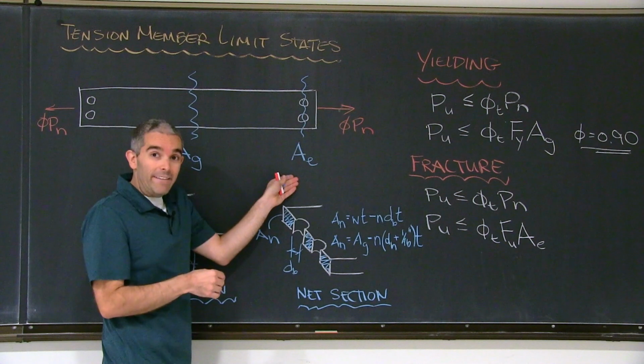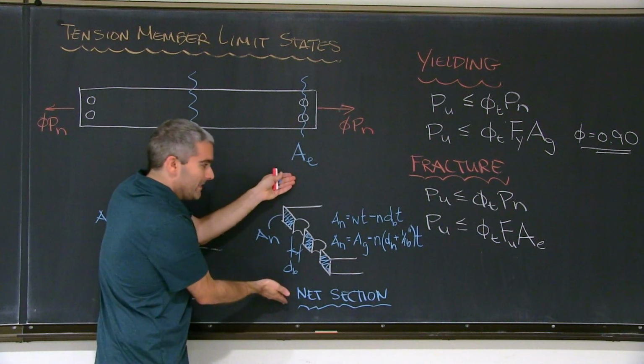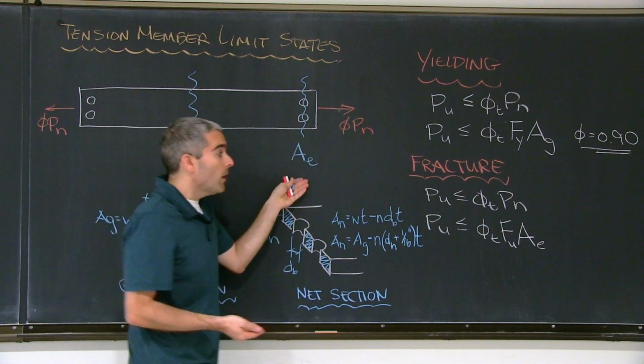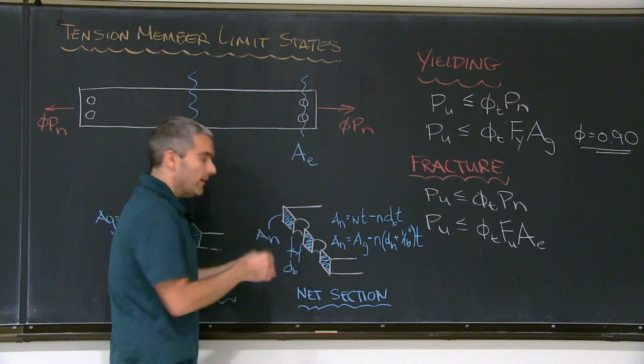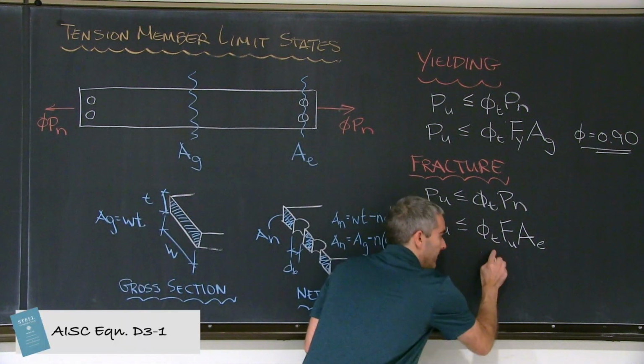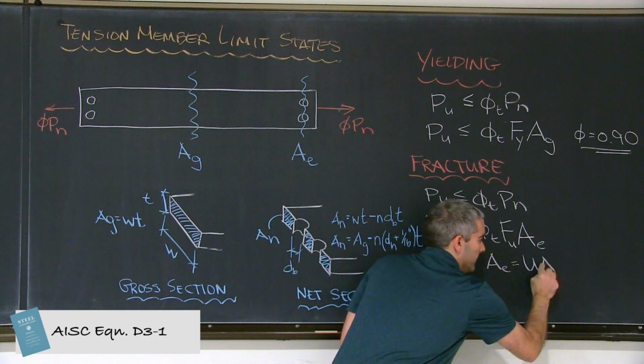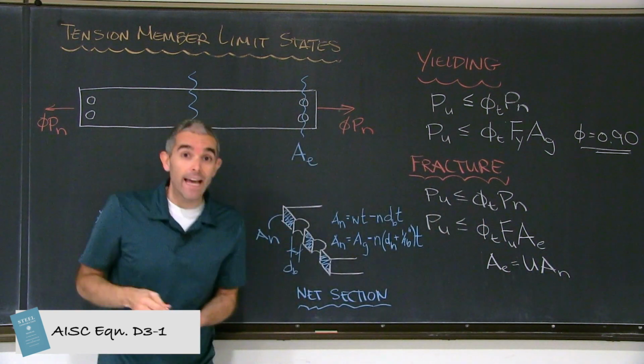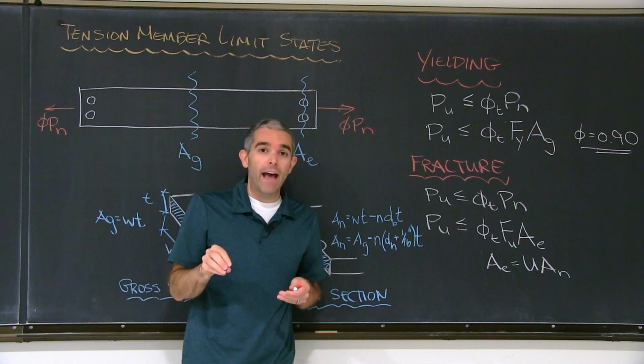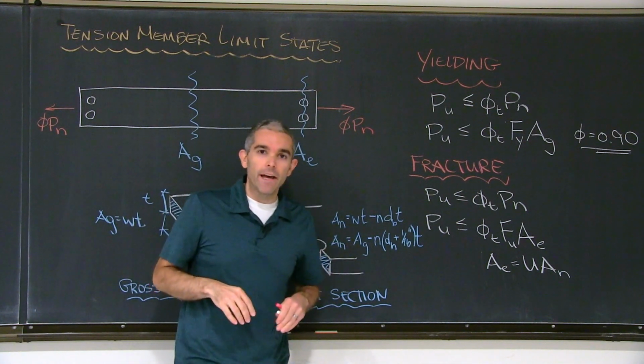Now, we've talked about the effective area, and you're probably wondering what's the difference between the net section and the effective area. Well, in steel design, we have what's called the effective area, and we define the effective area, A sub E, as capital U times A sub N, which is our net section area. U is a shear lag factor, and that's a topic for another day.